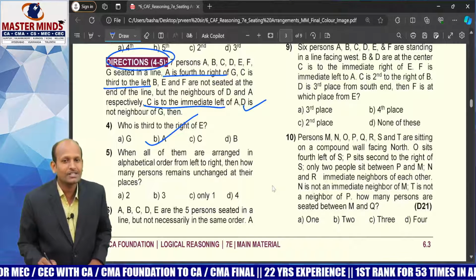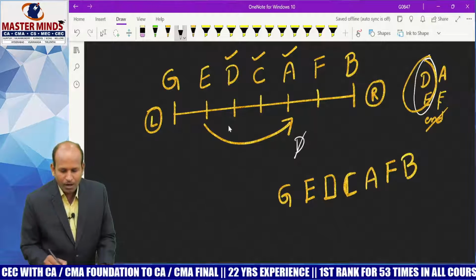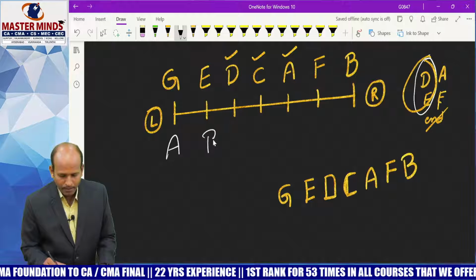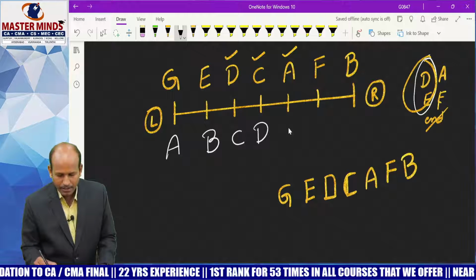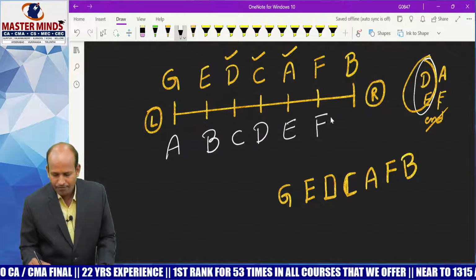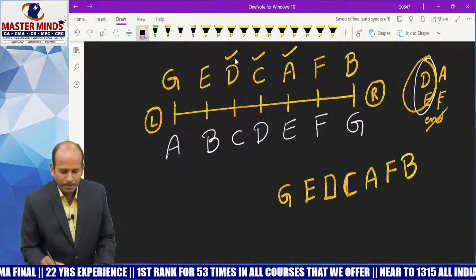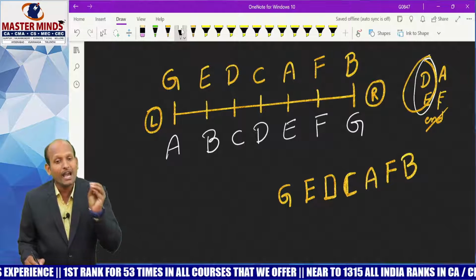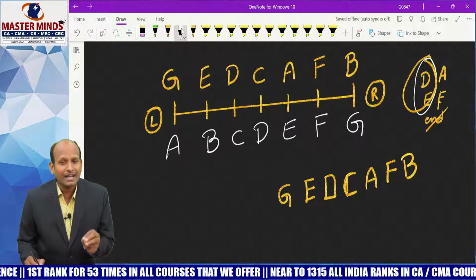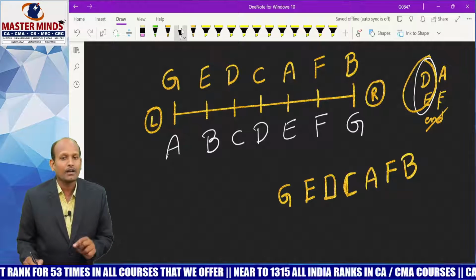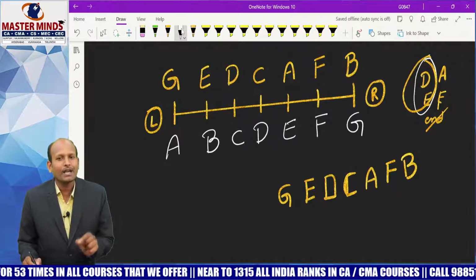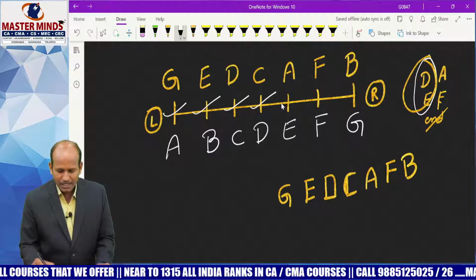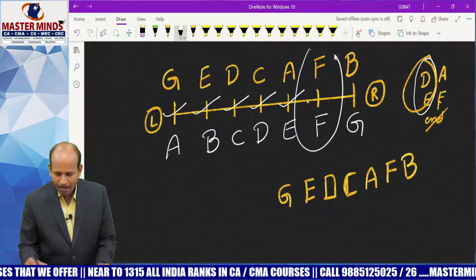If you arrange all of them in alphabetical order from left to right, A, B, C, D, E, F, G, then how many people remain unchanged? That means which person stays in the same position. As per the seating arrangement and as per the alphabetical order, which person is maintaining the same position?